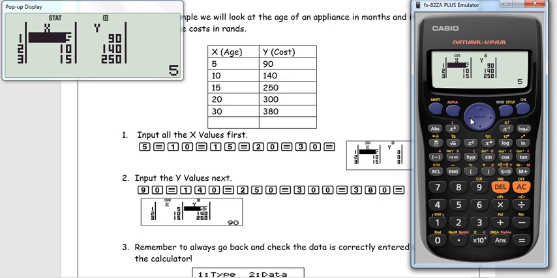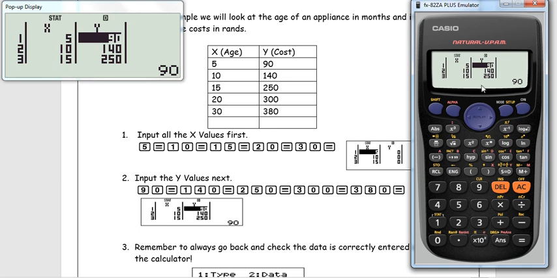So let us do a double check. 5 and 90, 10 and 140, 15 and 250, 20 and 300, 30 and 380.